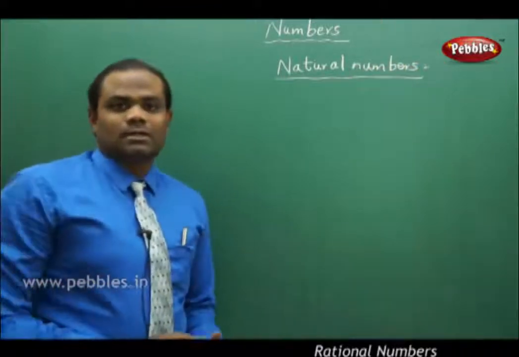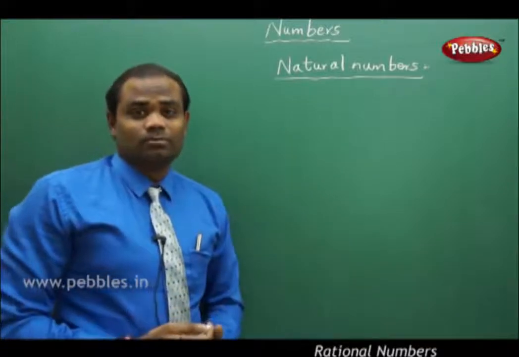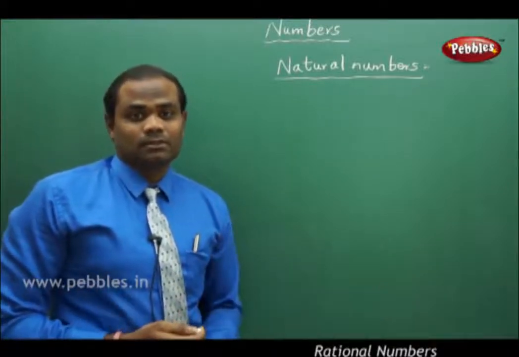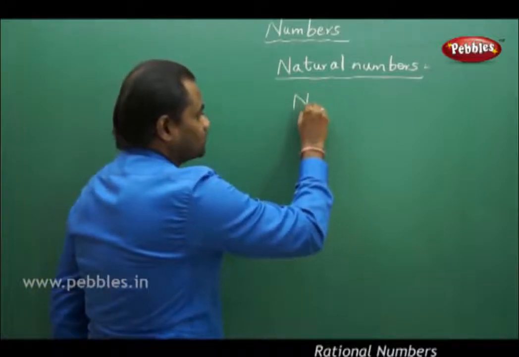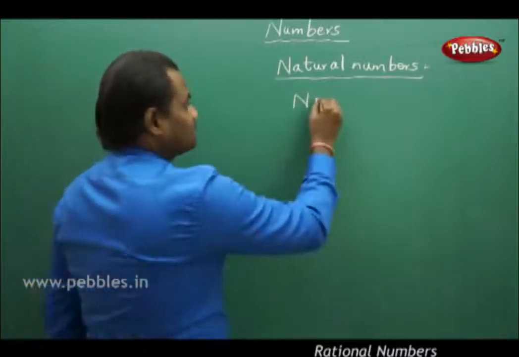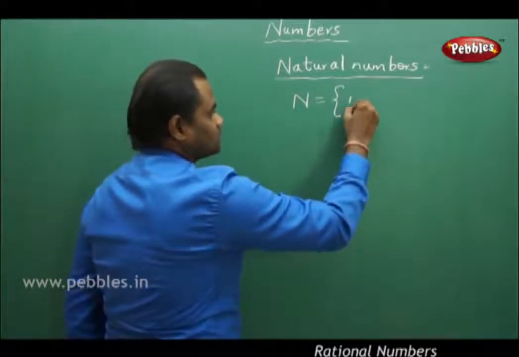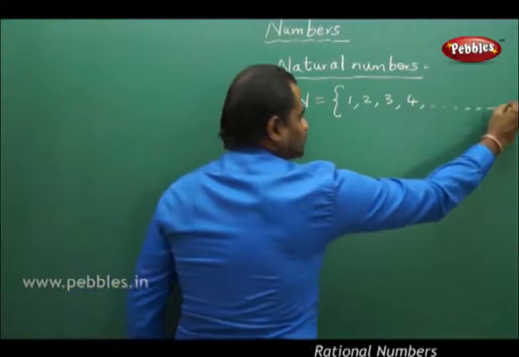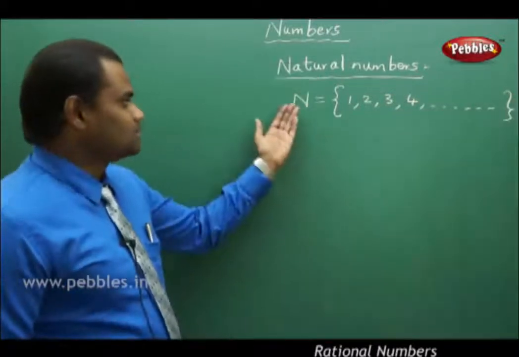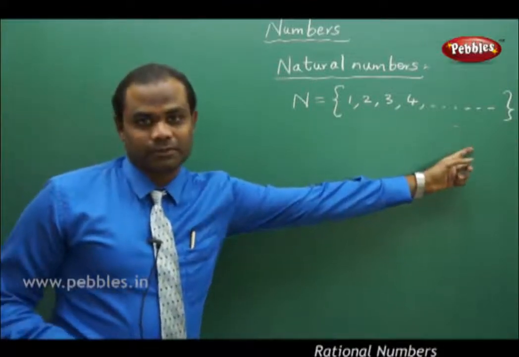Natural numbers are the numbers which are expressed in the numerator form, but they do not have the denominator. When I take the natural numbers, they are generally denoted with N, and the set of natural numbers starts with 1, 2, 3, 4 and so on, till infinity.